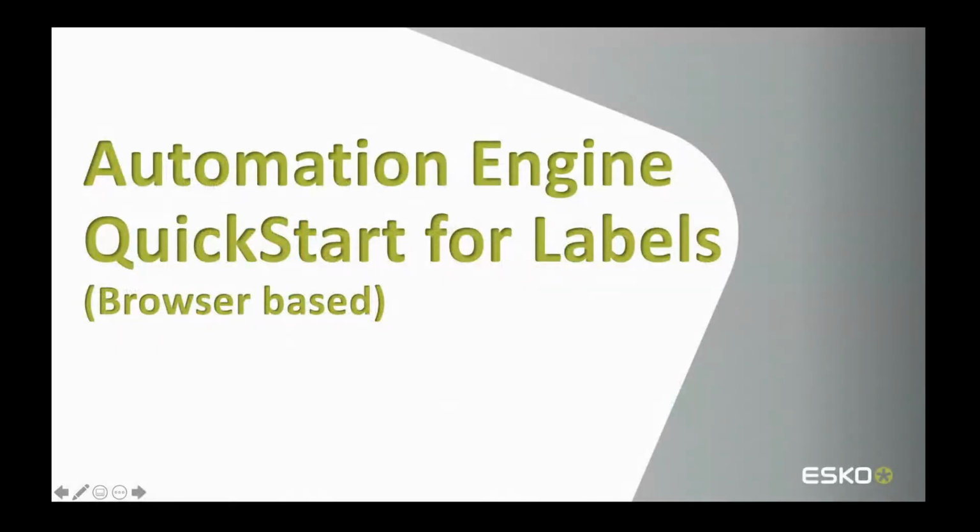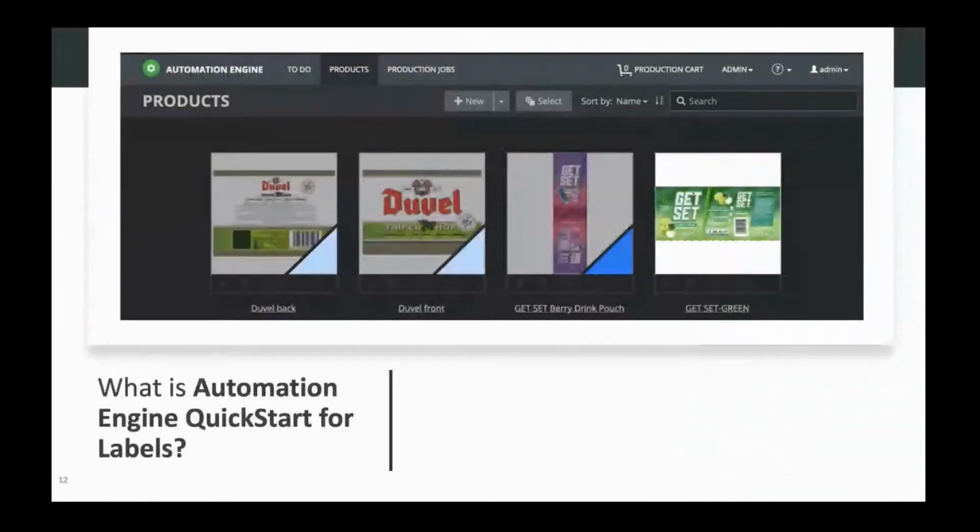Automation Engine Quick Start for labels. And this is going to be the browser-based version of Automation Engine. So what is Automation Engine Quick Start for labels? You can see here with the interface that I'm going to show you in a moment, it's a very streamlined, slick interface. For those of you that are familiar with the Automation Engine Pilot, this is a new skin.